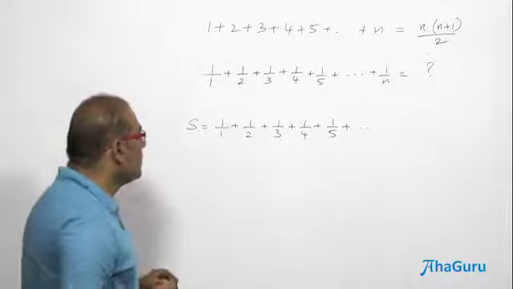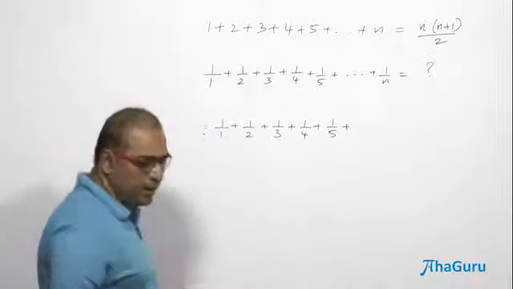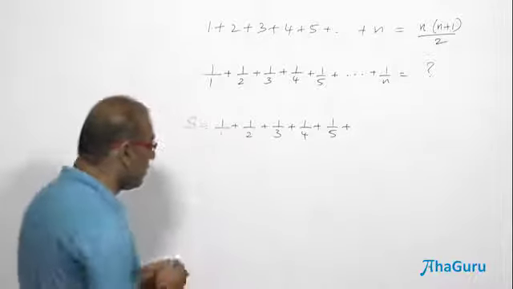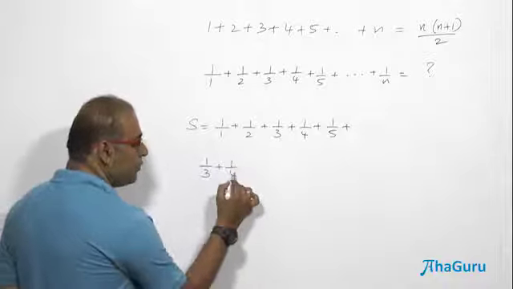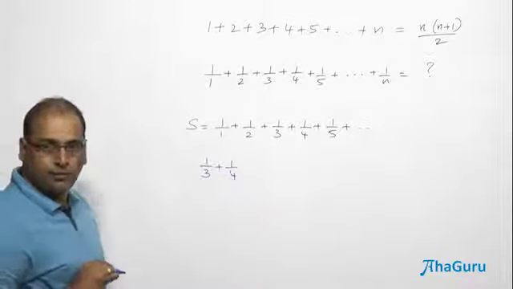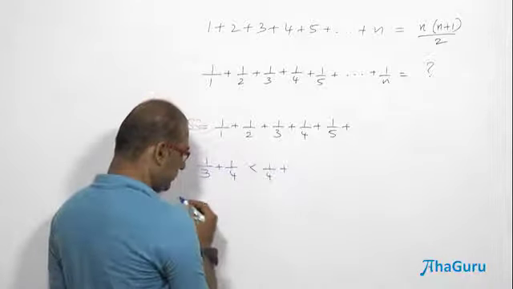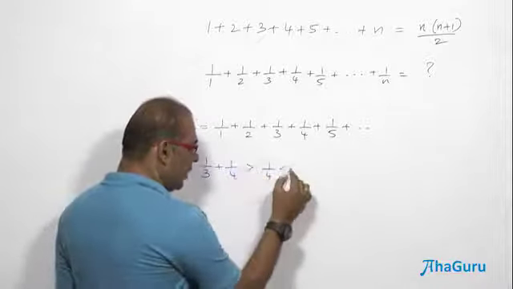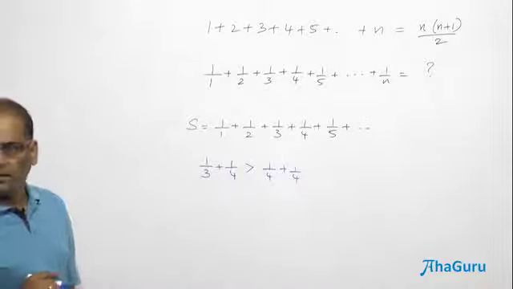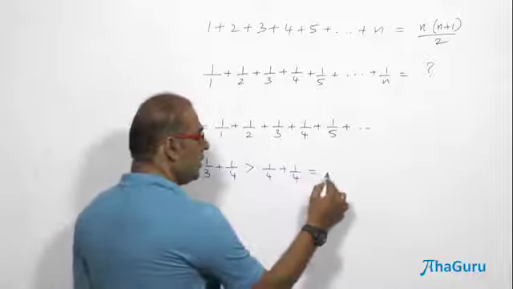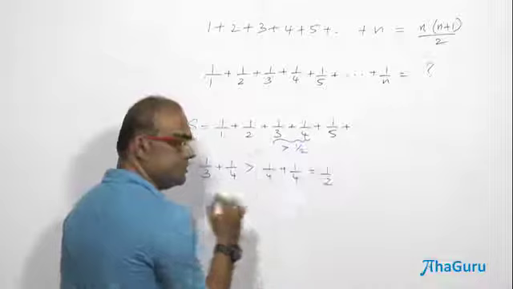Okay, so we actually have a lot of proofs, whether it is divergent or convergent. If you take 1 by 3 and 1 by 4, can you say that 1 by 3 is greater than 1 by 4? So this is equal to half. That means this is greater than half.